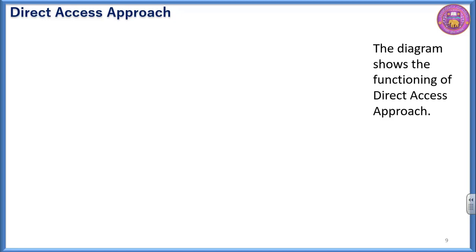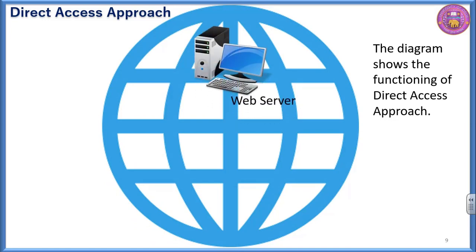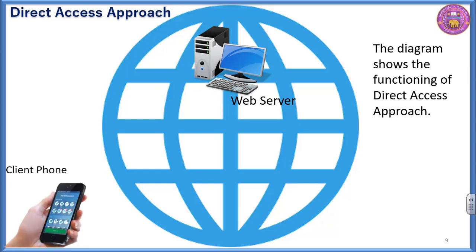Now in the direct access approach, this diagram shows the functioning of direct access approach. This is the web server which is connected to the internet and this is the client phone. From the client phone, the micro browser takes the request and it goes to web server. On the web server there is website.